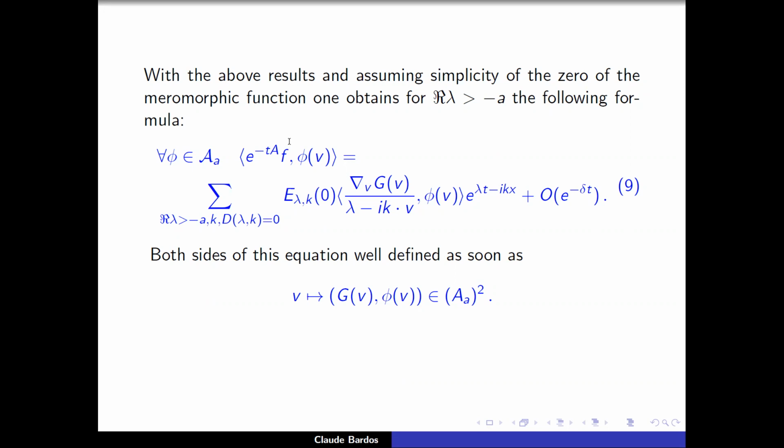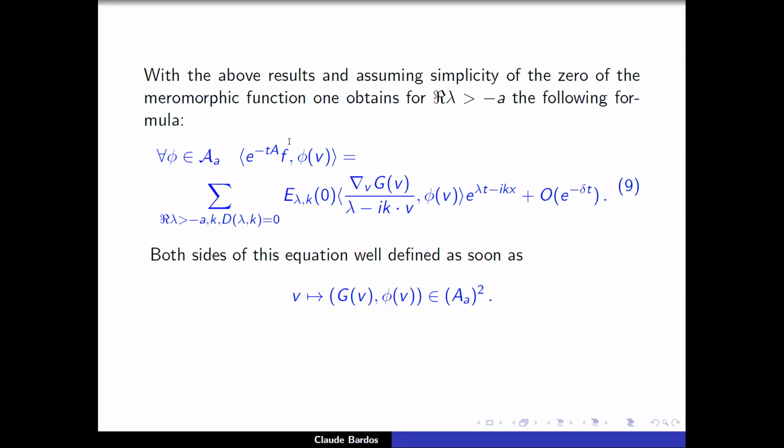It's enough that it be continuous. So in some sense, it's the way you recover the fact that the extension up to real part of lambda equals 0 is just a distribution in the classical sense that you can compute with the Plemelj formula.